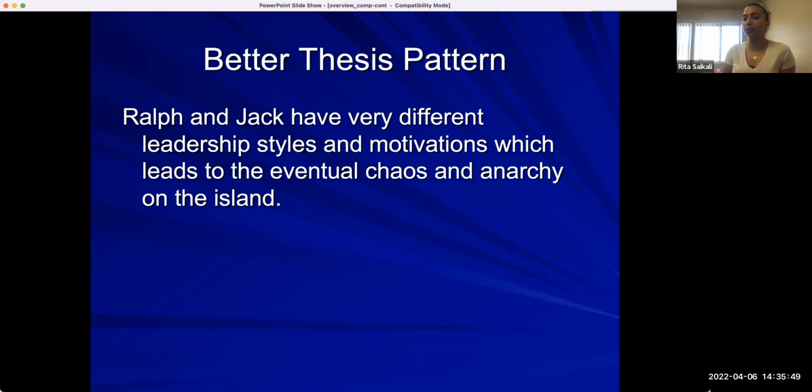So here, we're not really stressing the importance of leadership style, the fact that they both have a leadership style and motivation style. Here, in this case, we are stressing the differences, which then lead to chaos and to anarchy. Does that make sense? Yes, no, maybe?